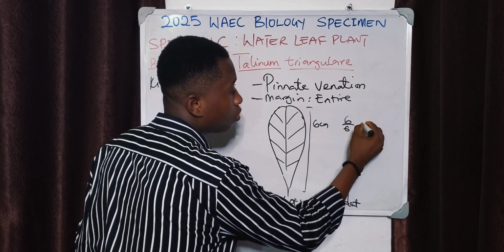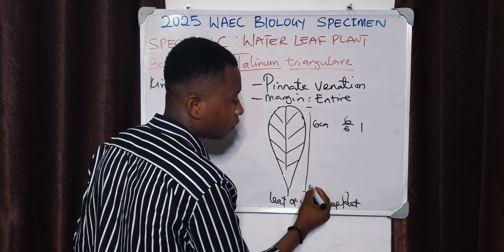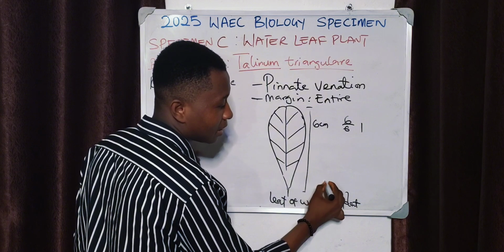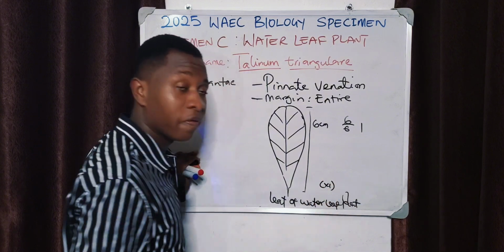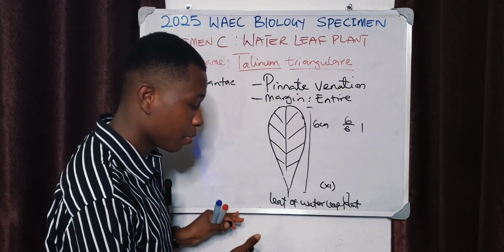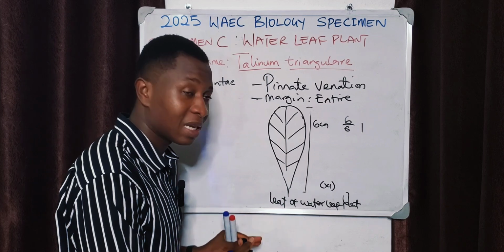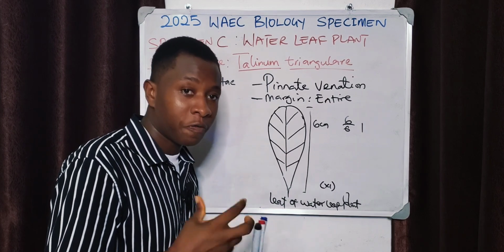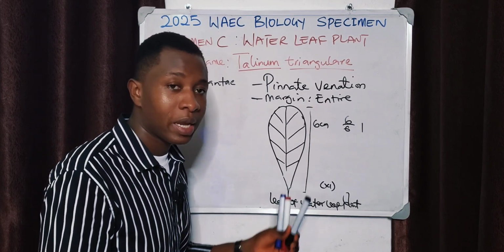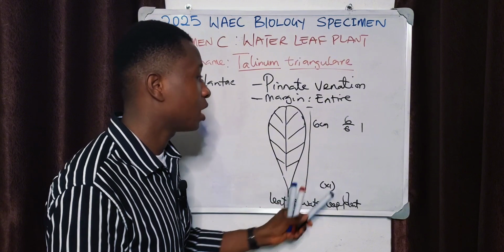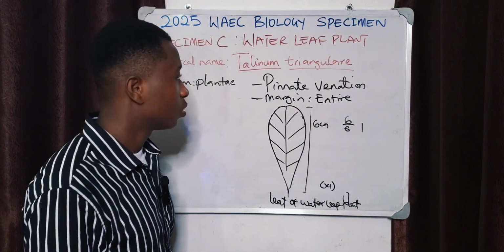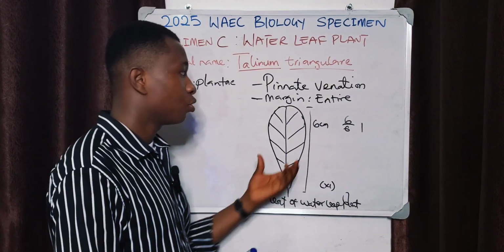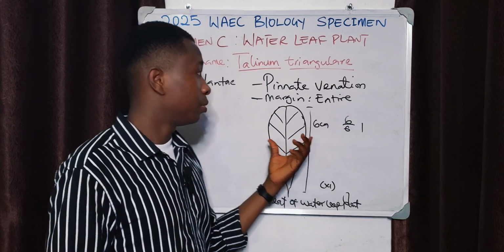So this will give you 1. Okay, so your magnification will be written by the side as times 1. Very important. So measure your diagram in your answer booklet and measure your physical live specimen, and divide the values. That's how you get your magnification. So that's that, in case you're asked to draw that specimen.